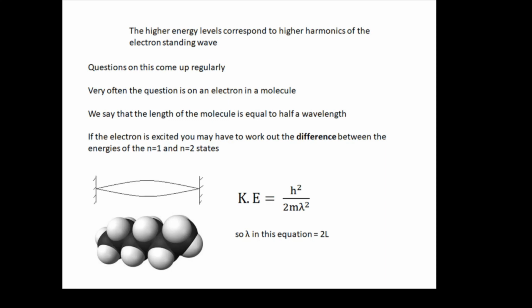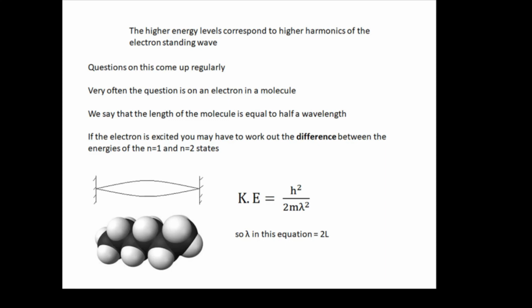If you get a question on a molecule, then usually the length of the molecule is a closed loop. It's half a wavelength. Very often you have to work out the energy of this electron, or maybe just its kinetic energy.